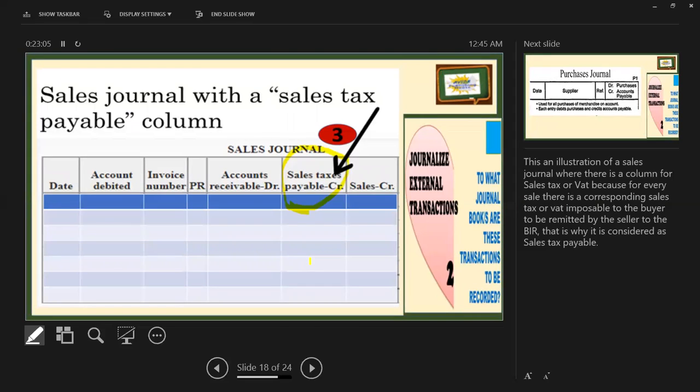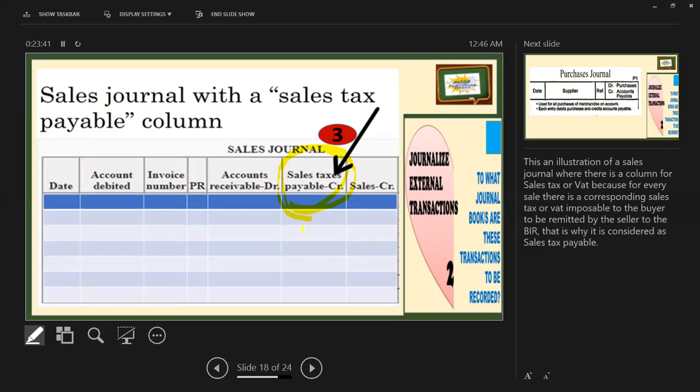So when the business is selling beyond 3 million, this will be subject to VAT, and VAT will necessitate a separate journal because there will be input and output to be recorded in the VAT journal, which have to be reconciled to arrive at the amount remittable to the Bureau of Internal Revenue. But if it is subject only to percentage tax, a column for sales tax will be added in the special journal for sales on account.